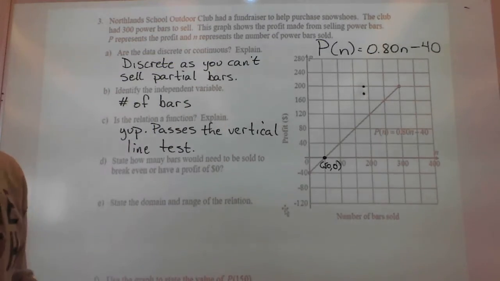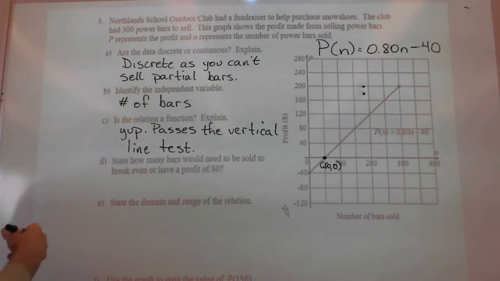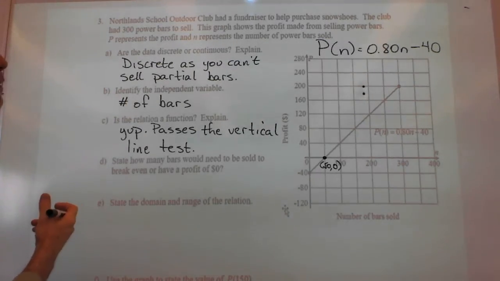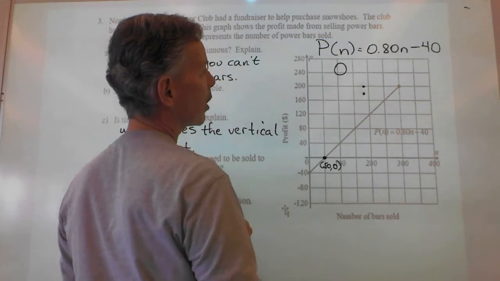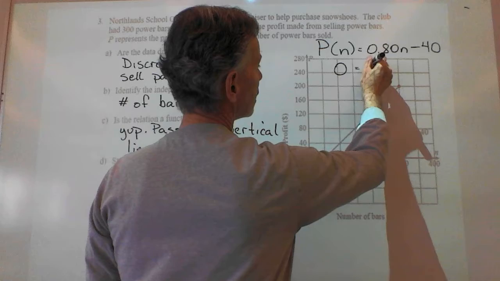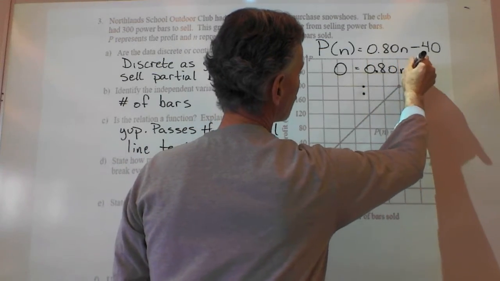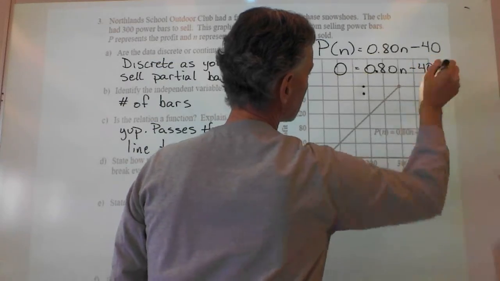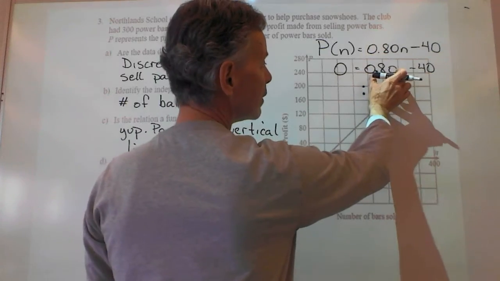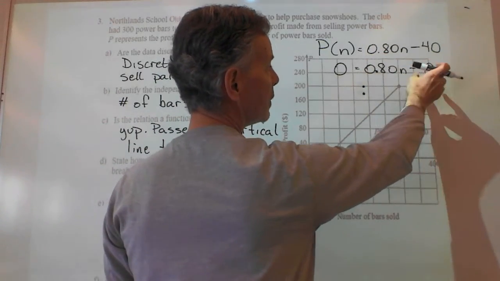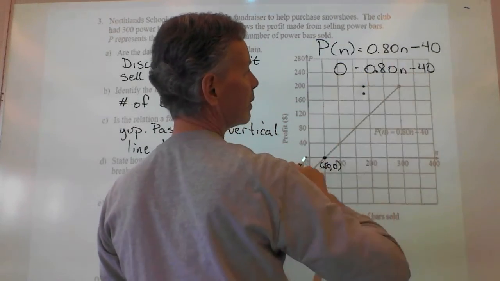Now we can take, very quickly, we can sub that into that equation just to prove that it works. So we'll do that. We're going to sub in a value of $0 for our profit, and we're going to solve for n. Okay? So, remember, to isolate this variable n means we have to get rid of this minus 40 and get rid of this 0.8.